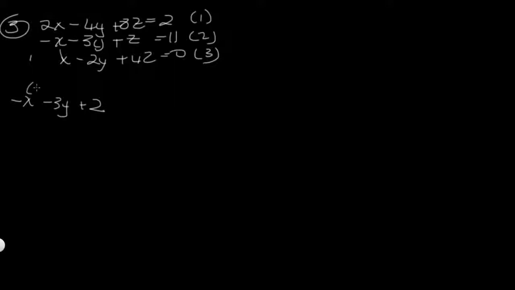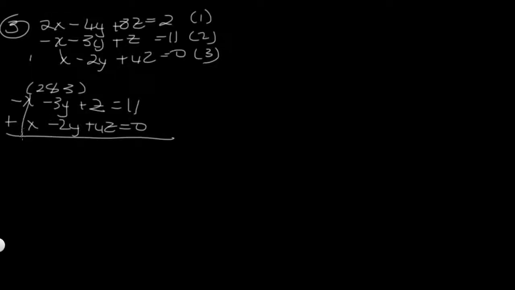I'm using 2 and 3. I can eliminate x here by adding. That's another way you can see. Can you look around to see if there's one you can easily eliminate? Then I would use that. So I have negative 5y plus 5z equals 11. So let's call this our equation number 4.